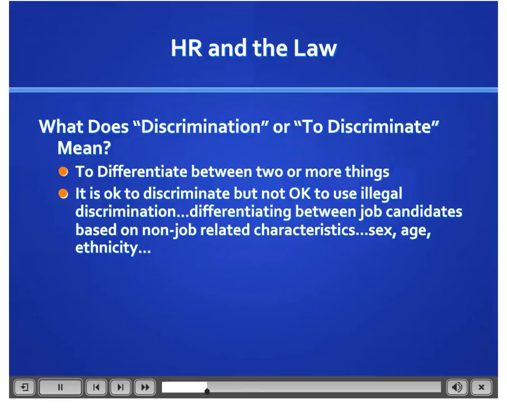You are illegally discriminating using my sex, my age, my ethnicity, my religion, my orientation, whatever it is, to make a decision about me. So we just want to be really careful so that we differentiate the terminology. Discriminating amongst candidates is completely appropriate. It's only when we're using inappropriate or illegal criteria that discrimination based on that criteria is inappropriate. So just be mindful of the terminology as we go forward.